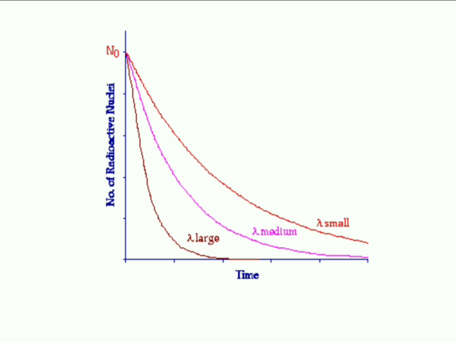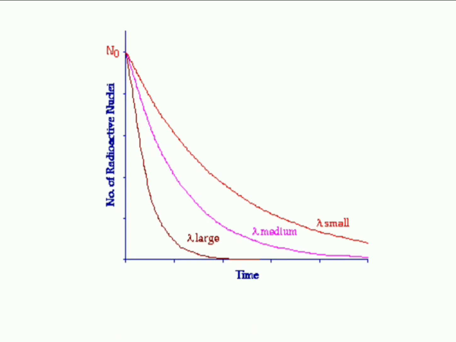Now look at one more graph. This is also between N, number versus time. That means the number of radioactive nuclei left undecayed versus time for three different disintegration constants. Okay, you can observe the curve. The upper line is indicated in red, the second line is indicated in blue, and the last one is in brown.